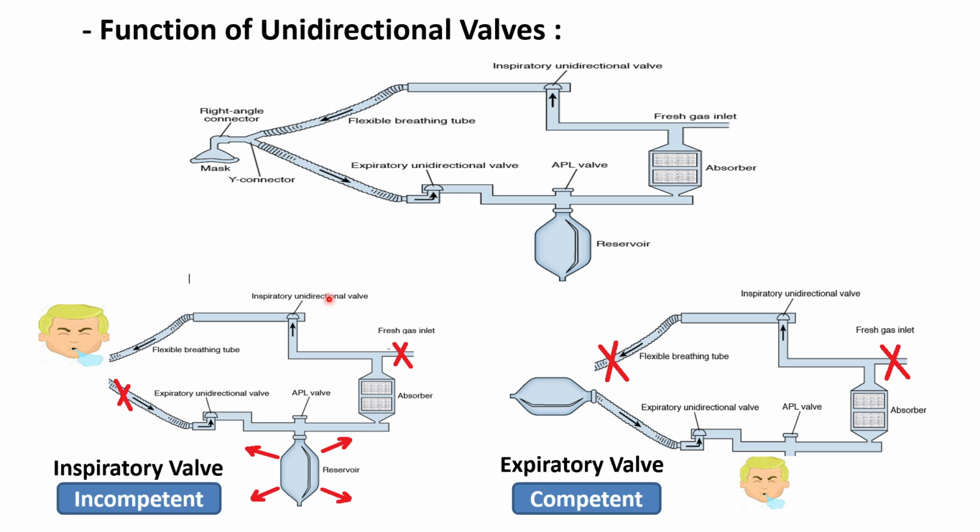To check the function of the unidirectional valves, we know that we have two unidirectional valves, for the inspiratory and expiratory limbs. We remove the white piece and make a flow in the inspiratory valve, switching off the fresh gas inlet and closing the expiratory limb.